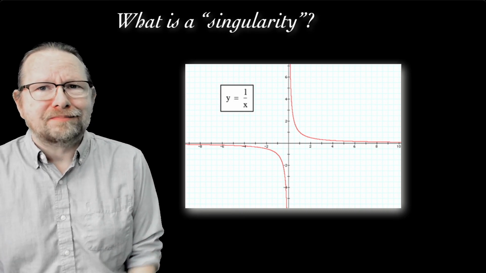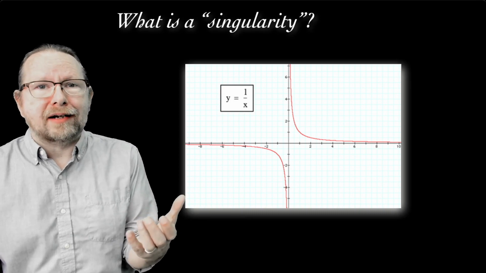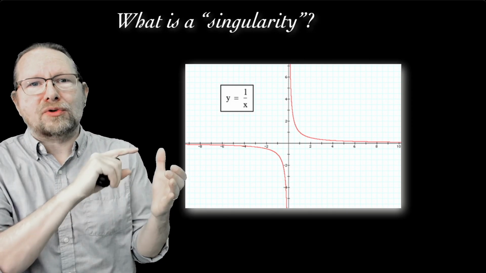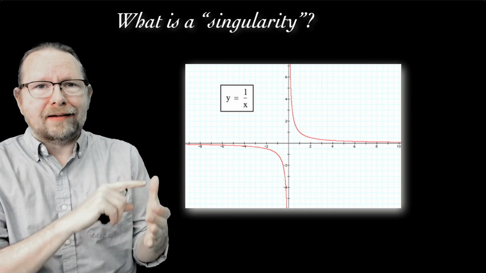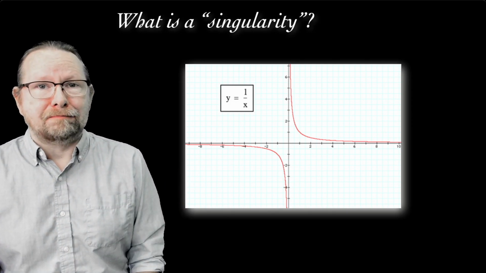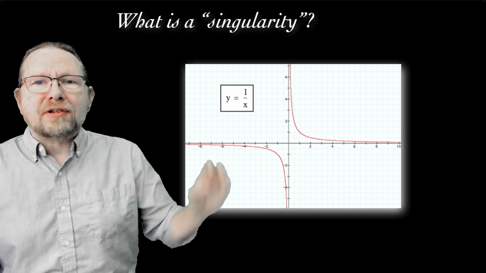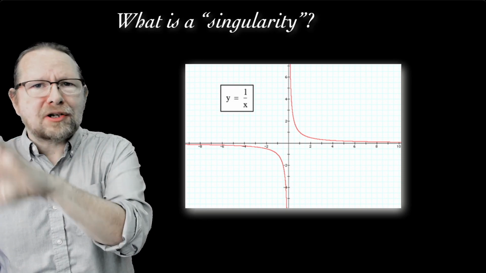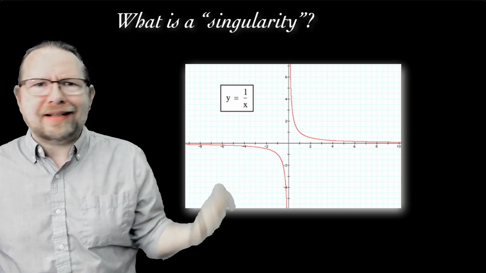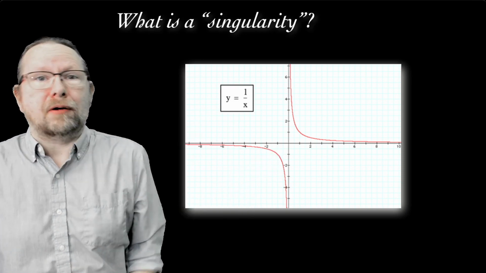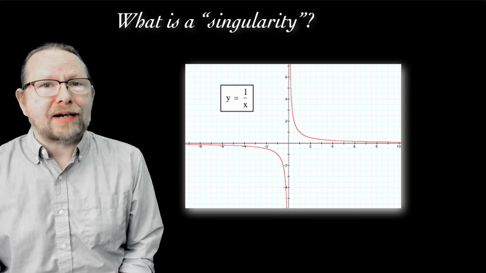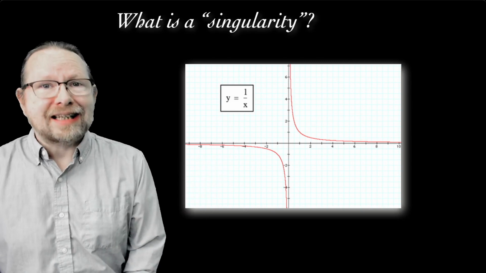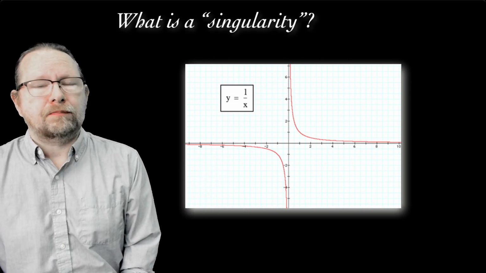If you type 1 divided by 0 into a calculator, it will say error, or not a number, NaN. Why? Because if 1 divided by 0 equaled something, that would mean that something times 0 equals 1, and that doesn't make sense because everything times 0 is 0. So you're not allowed to divide by 0. Dividing by 0 is an illegal mathematical operation.